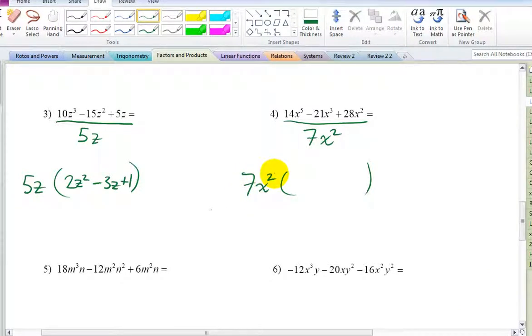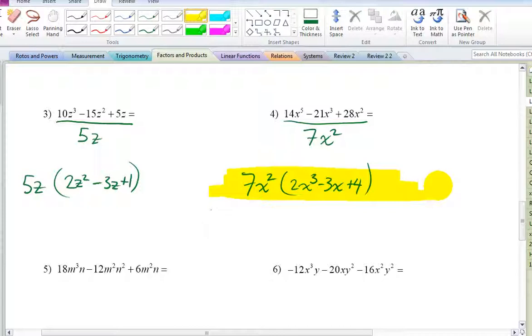Nassim? 2x cubed minus 3x plus 4. Hands up if you got that. Good. Now make sure you have it exactly written as I have. Anything else is wrong. You've got to have both parts.